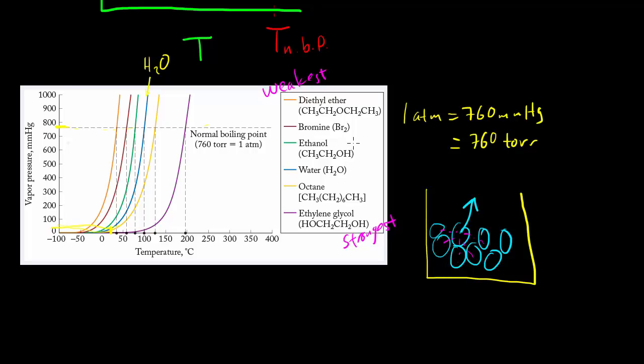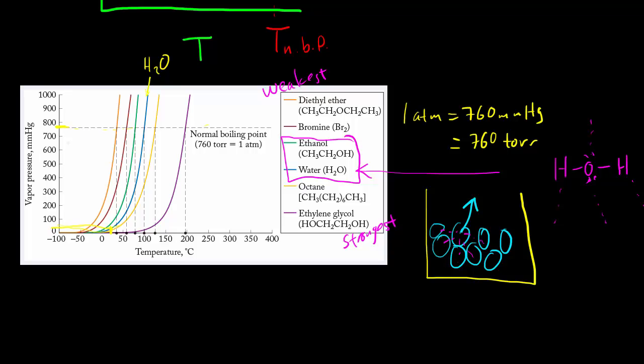Now let's see if we can rationalize some of these trends. If we look at the difference between ethanol and water, water has a higher boiling point, stronger intermolecular forces. With a water molecule, we have the ability to make hydrogen bonds, which are pretty strong. We can make hydrogen bonds off of each hydrogen, and we can also make hydrogen bonds to each oxygen atom.